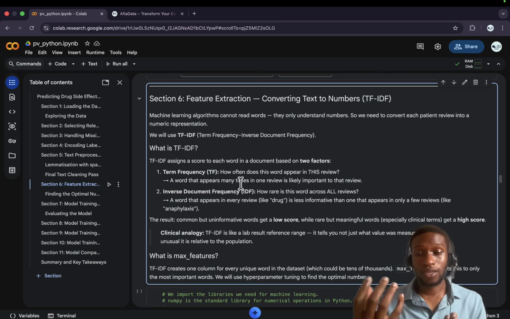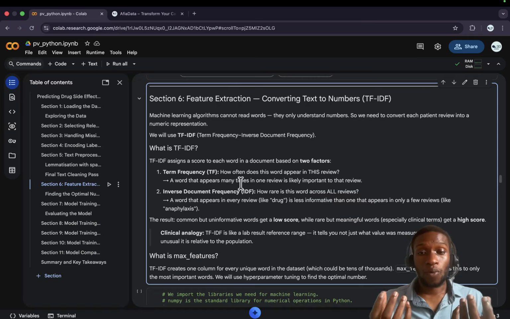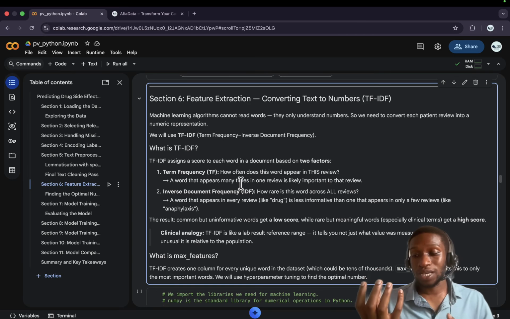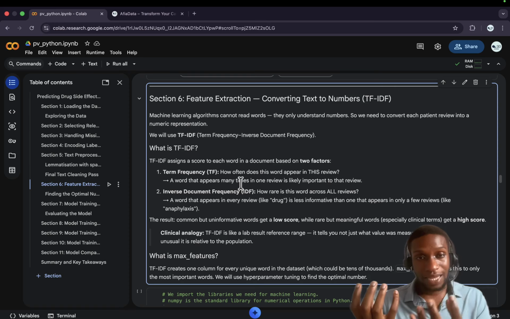So what they mean here is that when you have, let's say, one review, two reviews, a third, a fourth over here. If a word appears many times in this one review, then chances are this word is important in this review. That's what term frequency handles. Then inverse document frequency looks at how many times this word appears in other reviews.